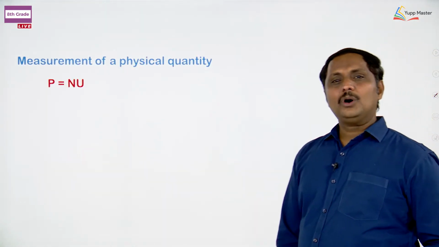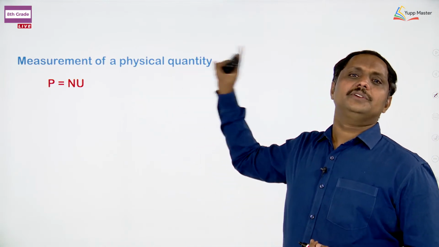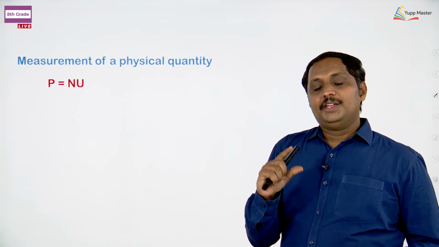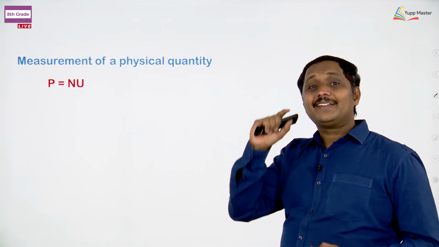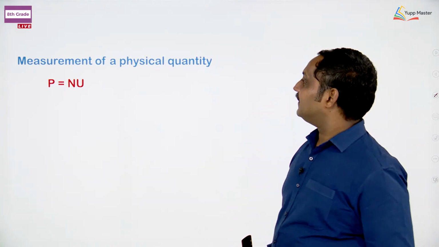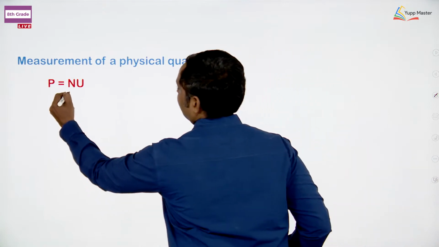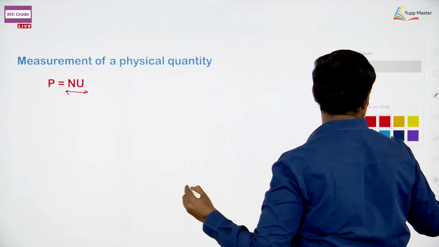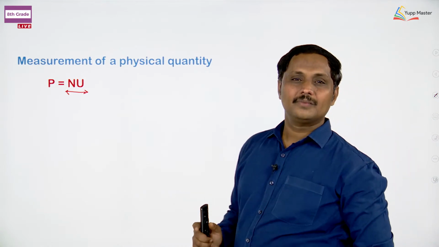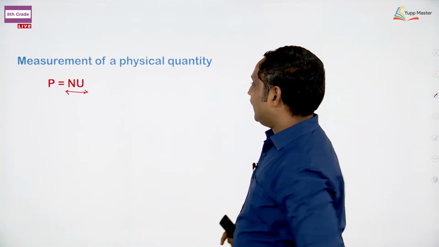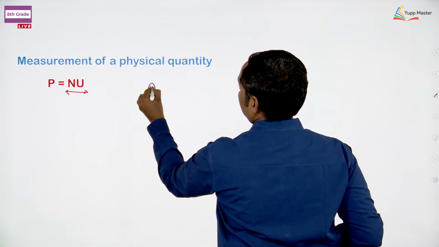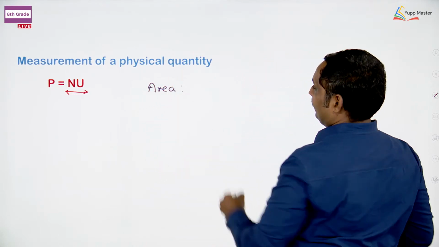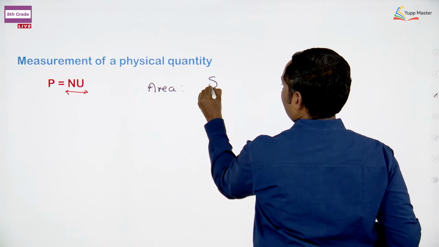So after doing all these activities, finally what can you do? You are going to express the final result in terms of two parameters. I have calculated the area of a square.